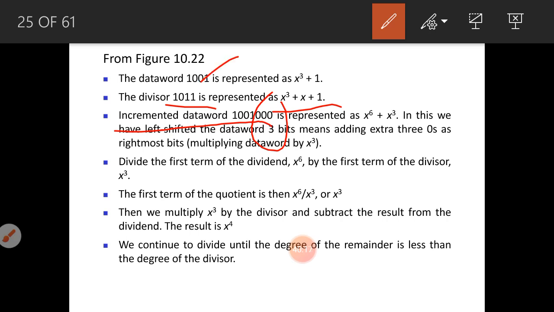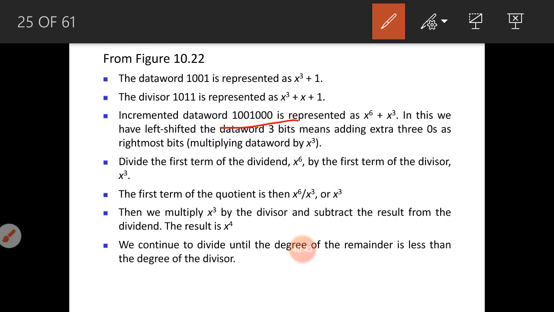Or we can also consider the degree of the divisor in polynomial form, that is 3. It means 3 zeros we need to add to this data word, and that will create the incremented data word.